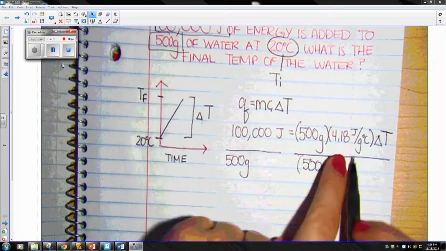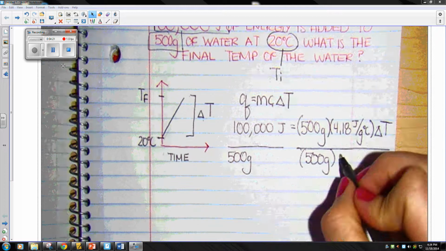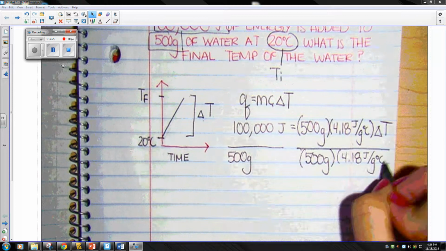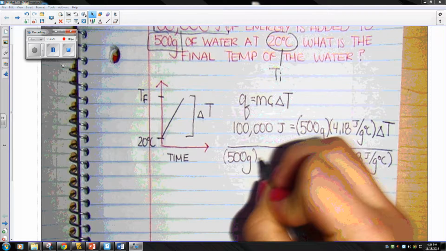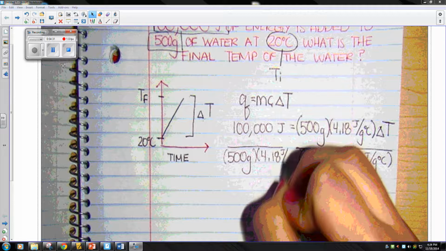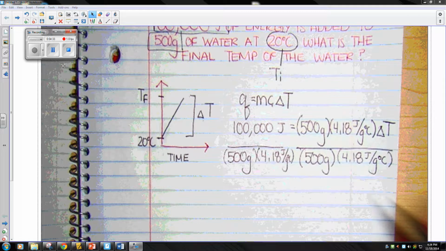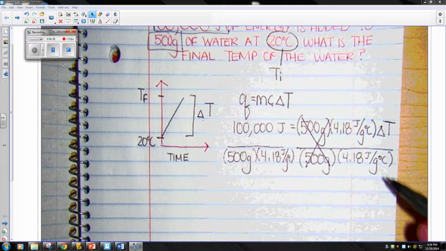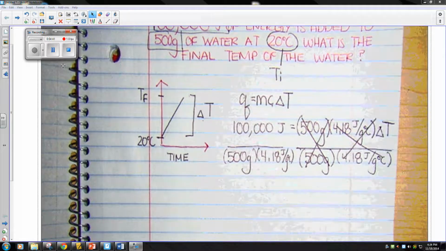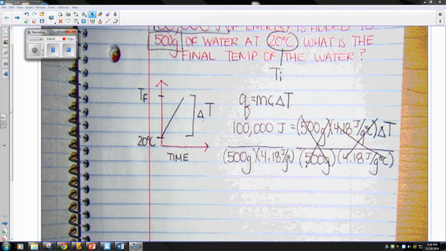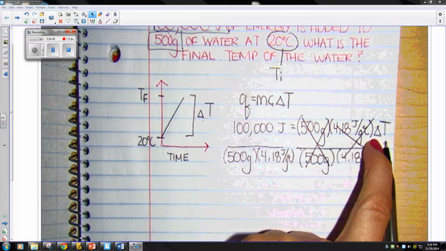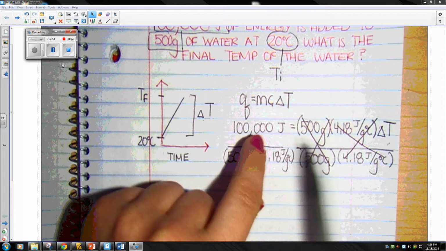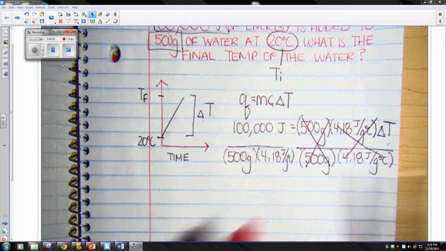If I want to move 4.18 over, I have to divide both sides by 4.18. So 500 divided by 500 is 1. That's going to cross out. 4.18 divided by 4.18 is 1. That's going to cross out. We're left with our change in temperature is equal to 100,000 joules divided by 500 divided by 4.18.